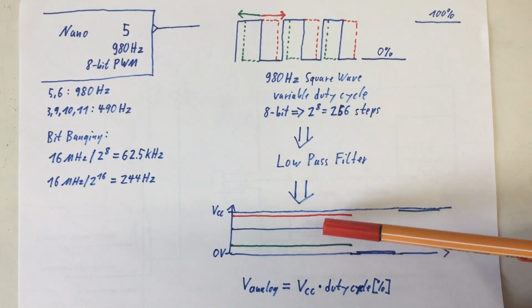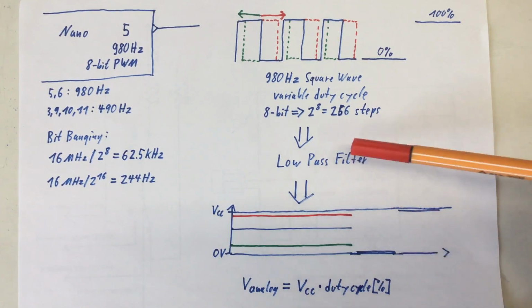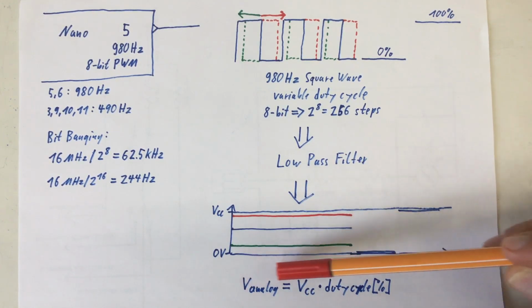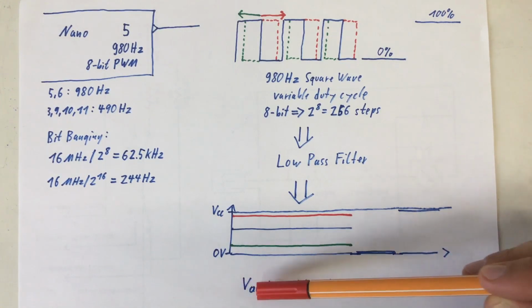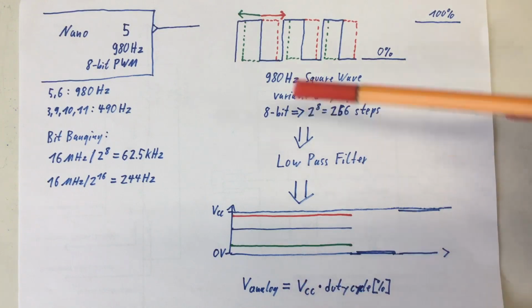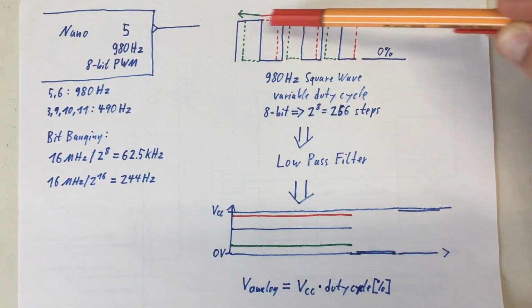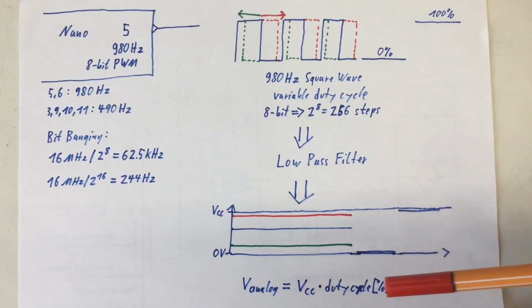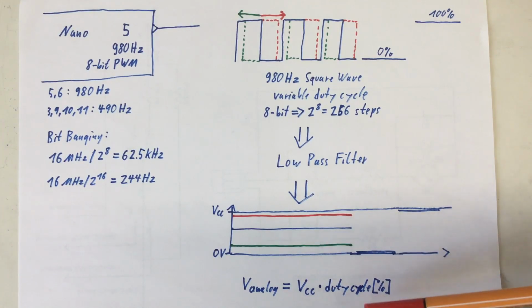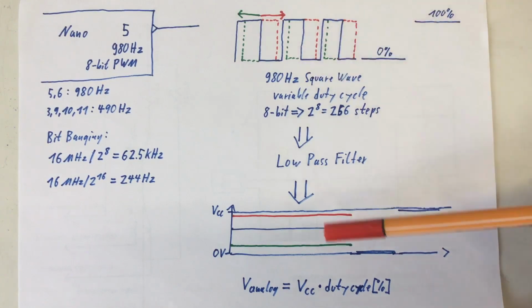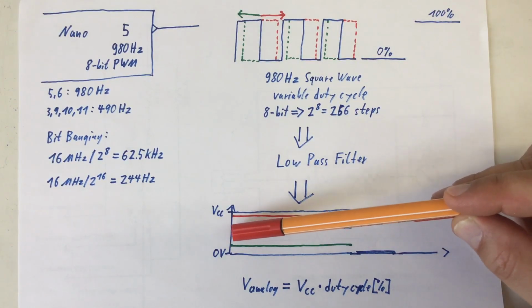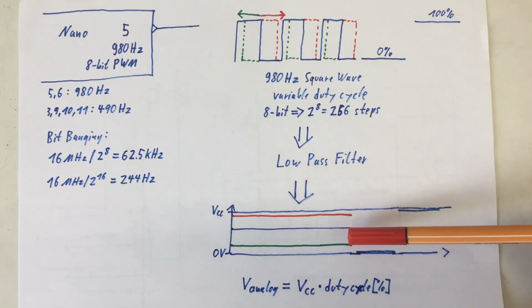The analog voltage we get after the low-pass filter follows ideally this formula. So our analog voltage is our supply voltage here, so yeah, the top of the square wave, times the duty cycle in percent. So for example, for my blue wave here, 50% duty cycle, I should get half VCC.